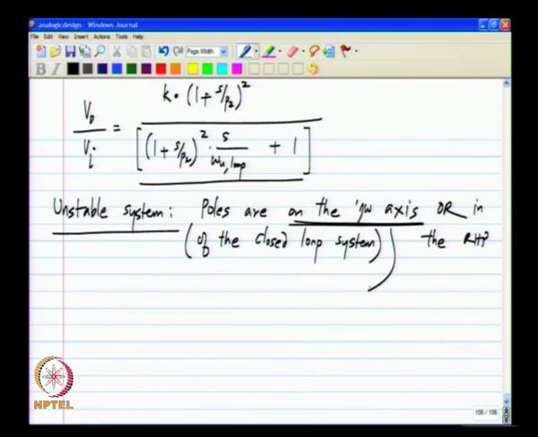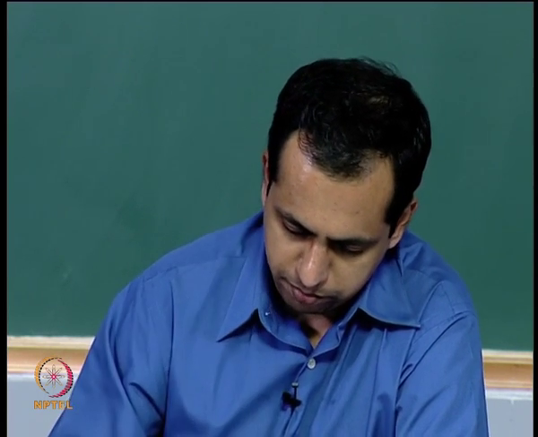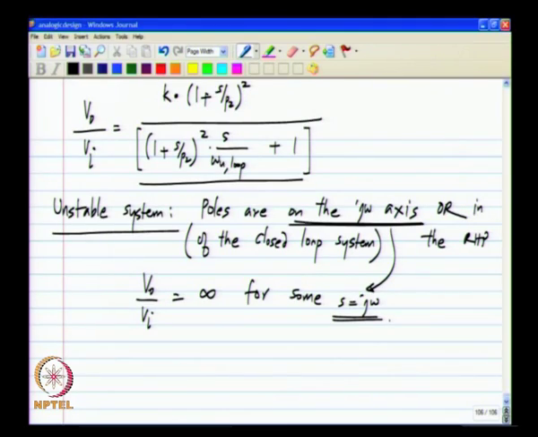For this condition, V naught by V I is infinity for some s equals j omega. Now, if we had a single extra pole p 2, this would never happen, but for more extra poles this can very easily happen. So, how do we solve for it?